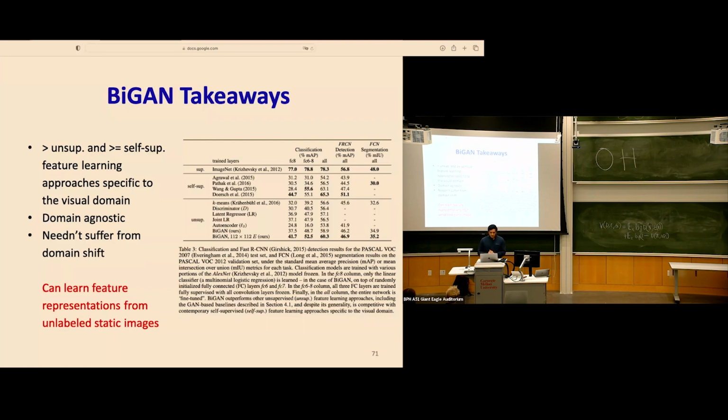Another good feature about BiGANs is that they are domain agnostic. So they're very generalized models. You can pick one up and apply it to a different application, and it should work just as well. We discussed domain shift earlier, and these needn't suffer from that problem. So the core idea of BiGANs is that they can learn feature representations from unlabeled static images. And yeah, that's pretty much it.